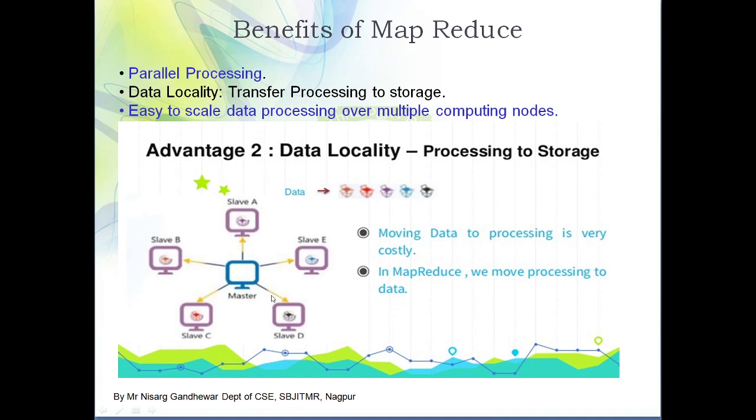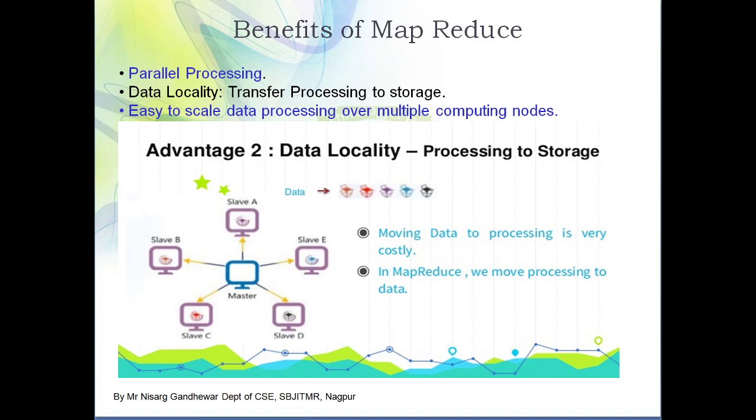Now what about processing? In order to process the data, what are the choices available to me? The choice is that I need to aggregate all this data at the master node, and then process the data. But just now we have seen the difference between normal processing and parallel processing, and we came to know that parallel processing is more beneficial, because ultimately it saves processing time.